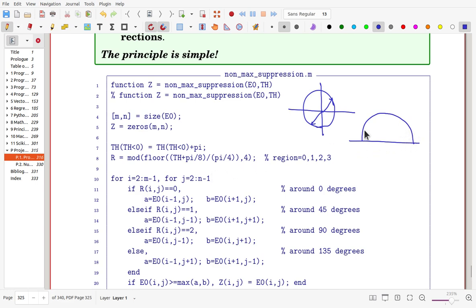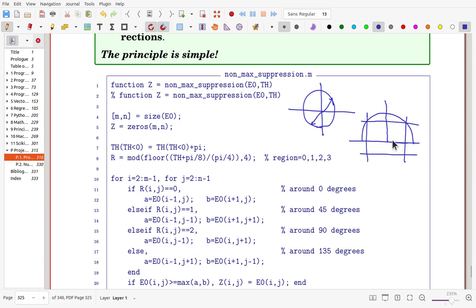We want to get a direction, but in pixels we only have 45 degree angles: horizontal direction, 45, 90 degrees, and so on. If you consider, for example, the grid points like that, then the only possibilities are horizontal, 45, 90, 135 degrees, like that.